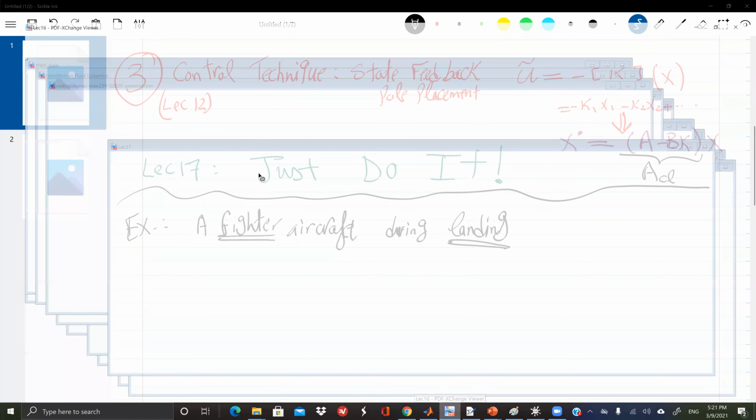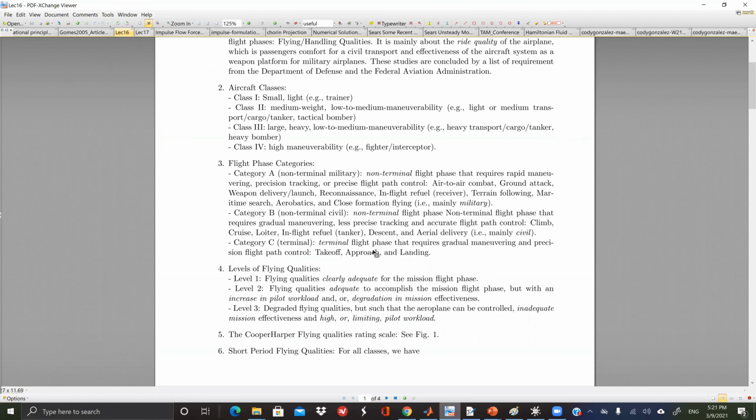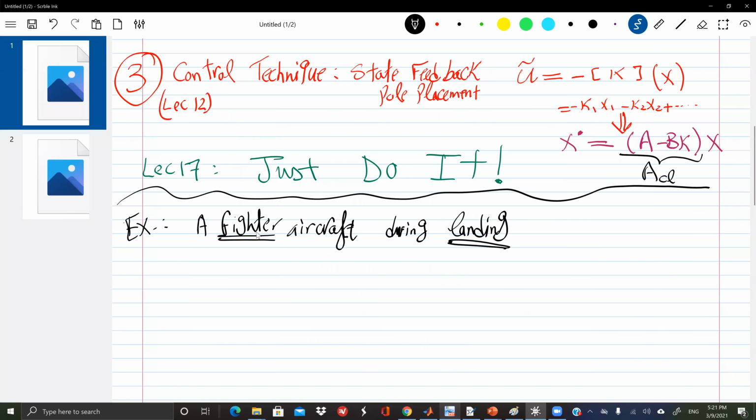Landing, you go to the flight phase category, and you will find that landing belongs to Cat C. So now I know it's class 4 and Cat C. What are the characteristics? We had this example already: Z alpha is negative 90.52 feet per second squared, M alpha is negative 2.06 radians per second squared, and M q was negative 0.6 per second.